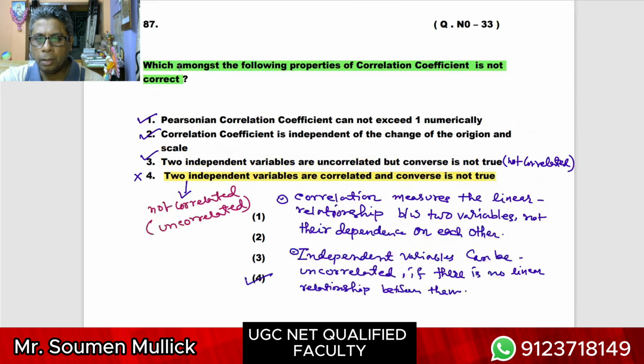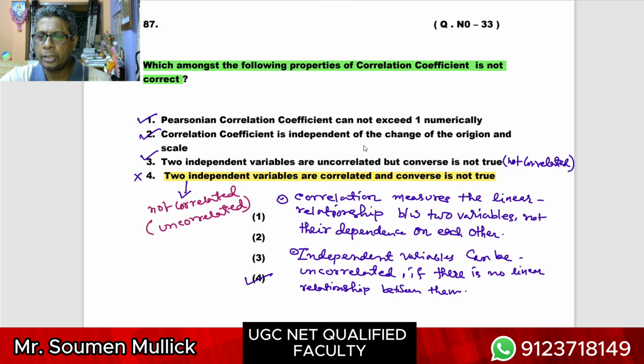So option number 4 is not correct: two independent variables are correlated and converse is not true. Two independent variables not correlated. Apart from option number 4, options 1, 2, 3 are correct. First option, the Pearsonian correlation coefficient cannot exceed one numerically, is true.